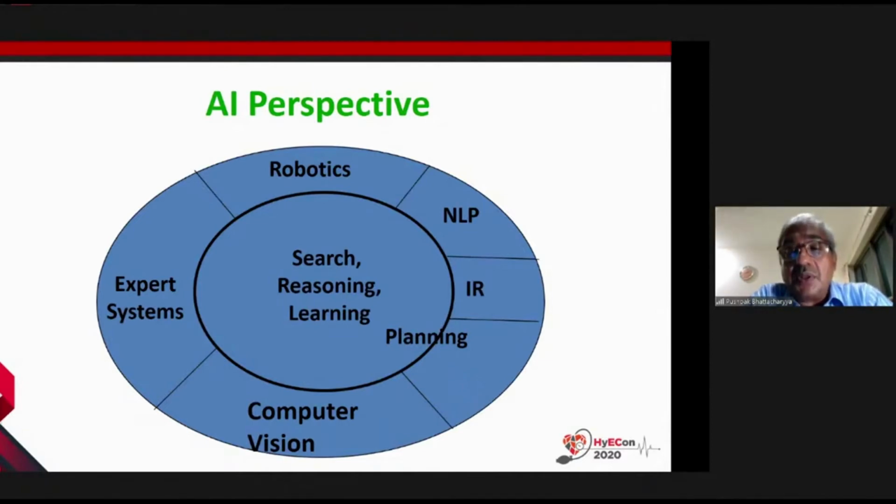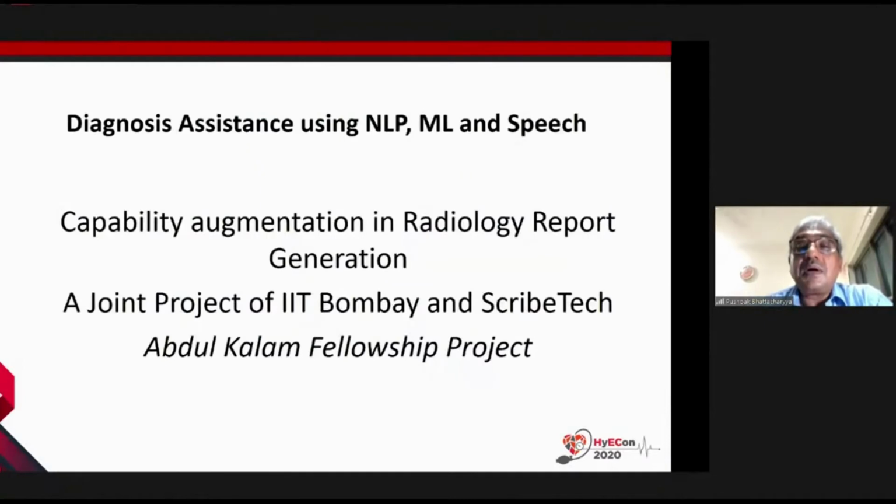Now, all these areas of artificial intelligence which impact our lives, and are doing so increasingly, actually receive their foundational techniques from search algorithms, reasoning based on logic, and machine learning. Now, I'll take up a problem which we have been working on for the last about 3 years, which uses machine learning, natural language processing, and speech technology for capability augmentation in radiology report generation.